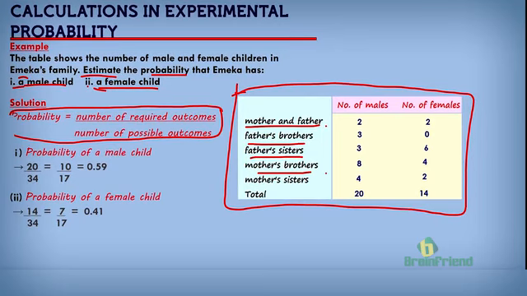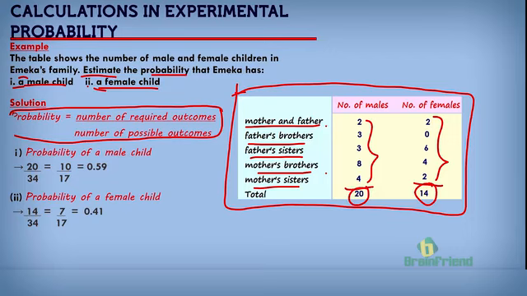From the mother's brothers, there are 8 males and 4 females. From the mother's sisters, there are 4 males and 2 females. When we add all our males up, we have 20 males. If we add up all the females, we also have 14 females. All right? So we have the values that we need.